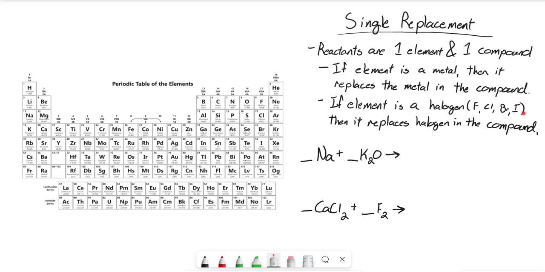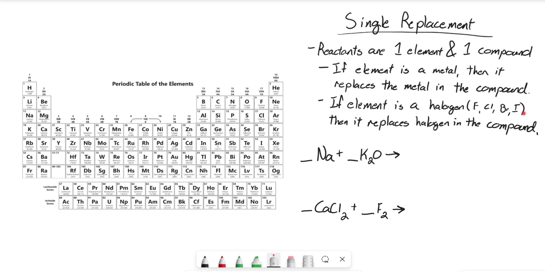So regardless of whether it's the metal getting replaced or the halogen getting replaced, the compound that you're going to write as a product is going to be ionically bonded. And it is imperative that we write its formula correctly in order to balance it.